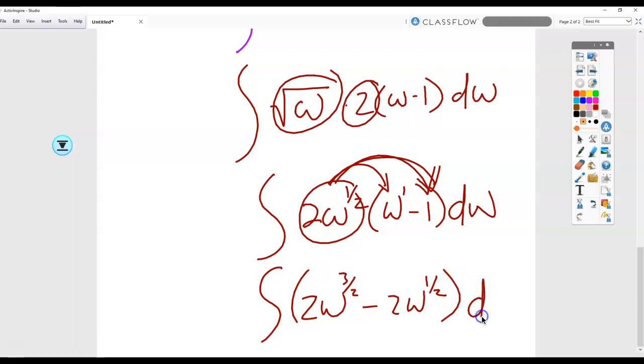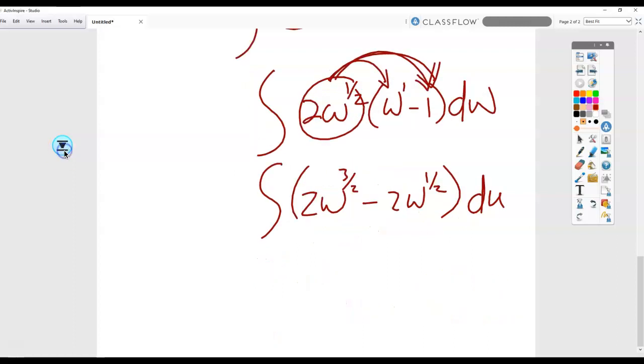Cool. All right. So we've gotten it to the point where we can just do the power rule to each piece. So here we go. I'm going to add 1 to the power. And then we're going to multiply by the reciprocal. Add 1 to the power.